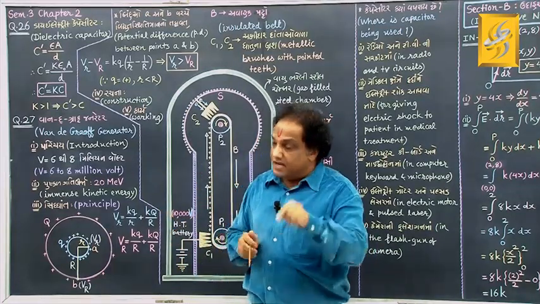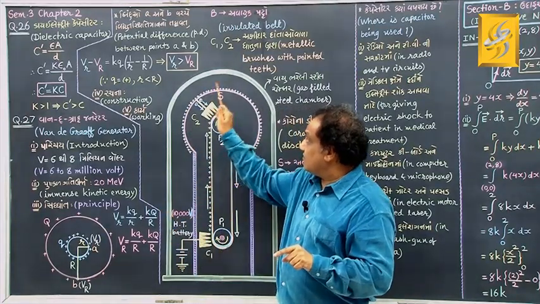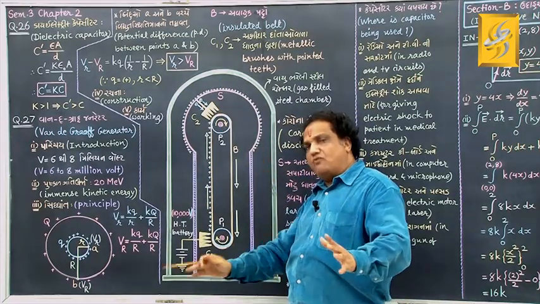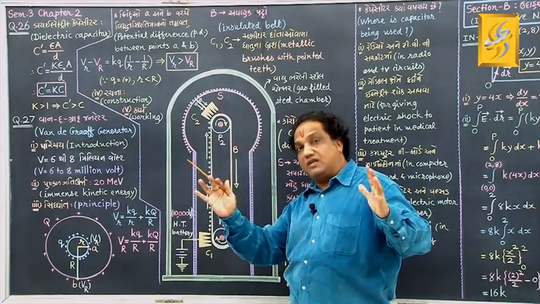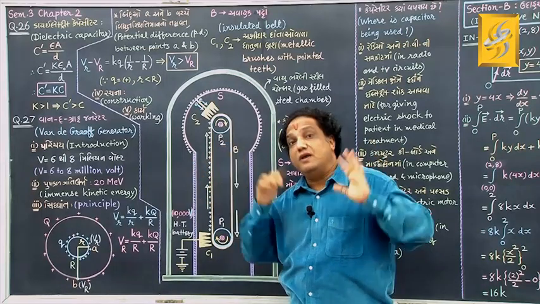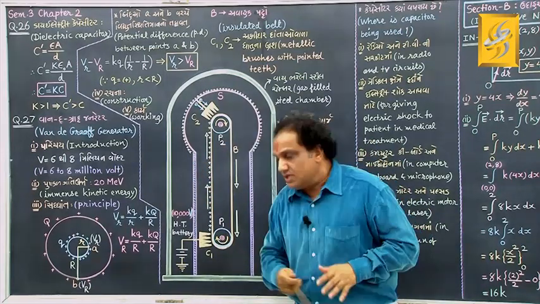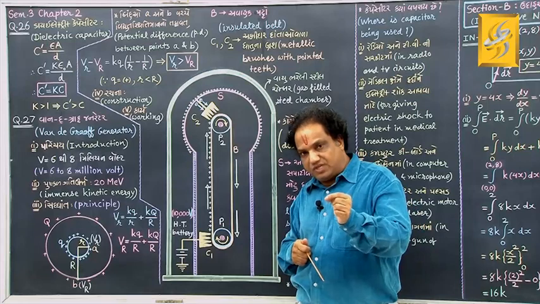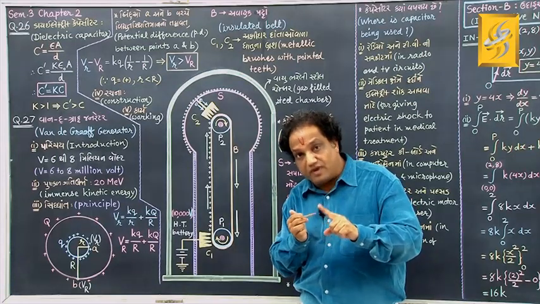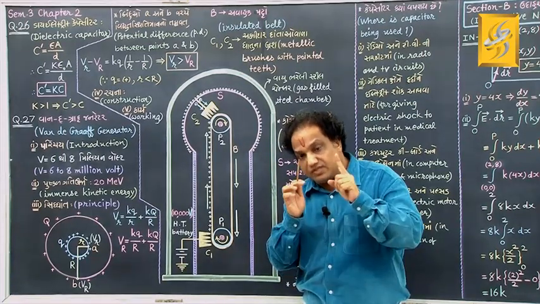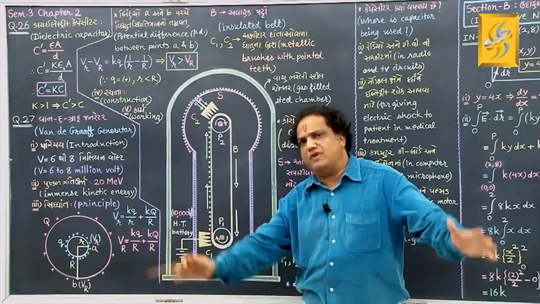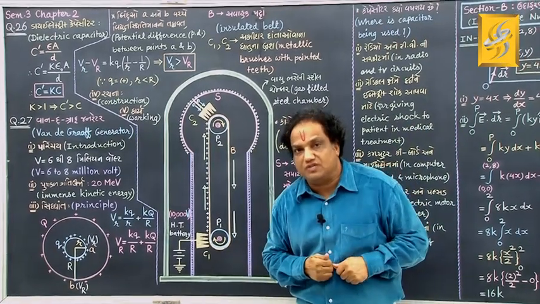And here, because this spherical shell is very large, you will have a very large quantity of charge, and that too at very high potential, correct? So, this is a device with the help of which not only can we have very high electric potential, at the same high electric potential we can have a very huge quantity of electric charge.